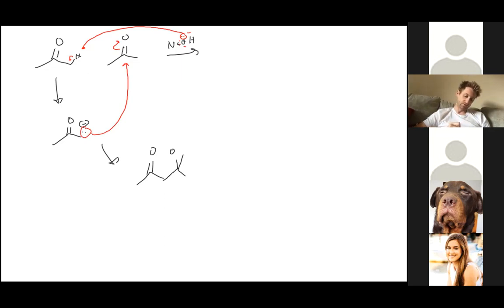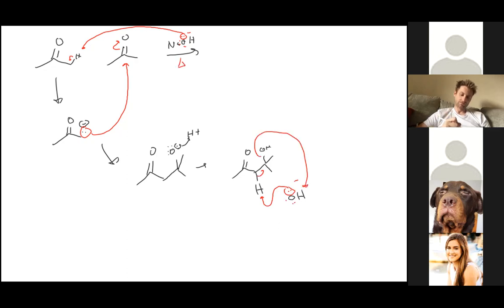We'd originally make it an O minus, then we could pick up a proton. From this point, we can pull off the alpha proton again, eliminate this water, and we form our aldol condensation product.